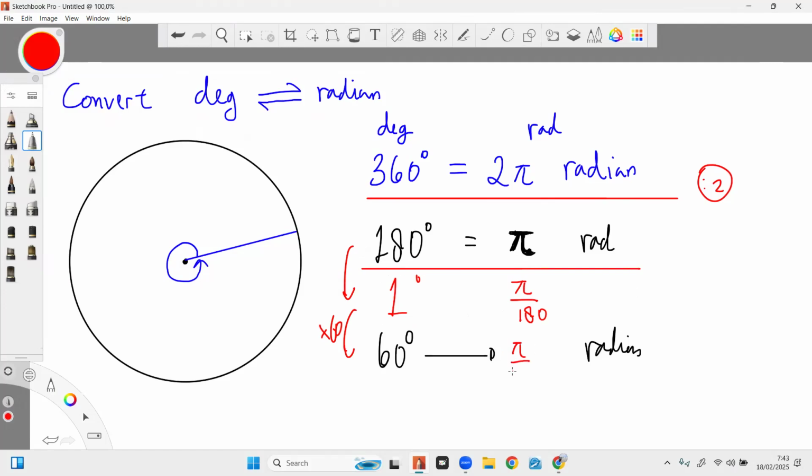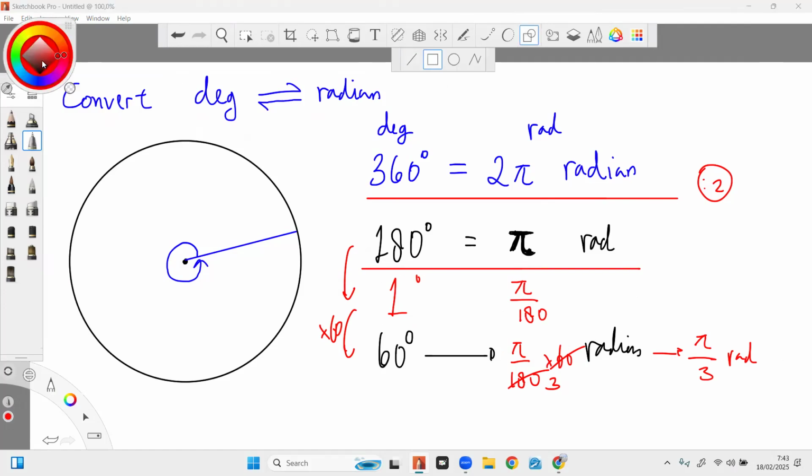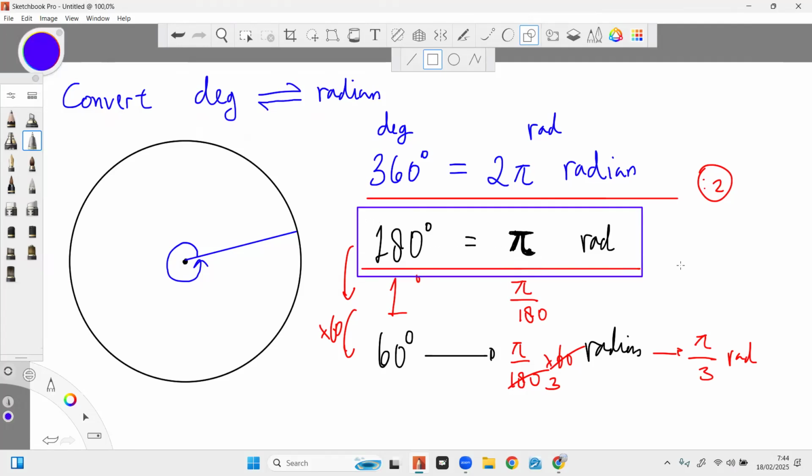So pi over 180 times 60 degree. Then you can cross out, pi over 3. So pi over 3 radian. So this is the simple ratio that you need to understand. You can memorize, yes, you can, but I prefer you to use the ratio, because if you don't use the ratio, it will be quite complicated later.